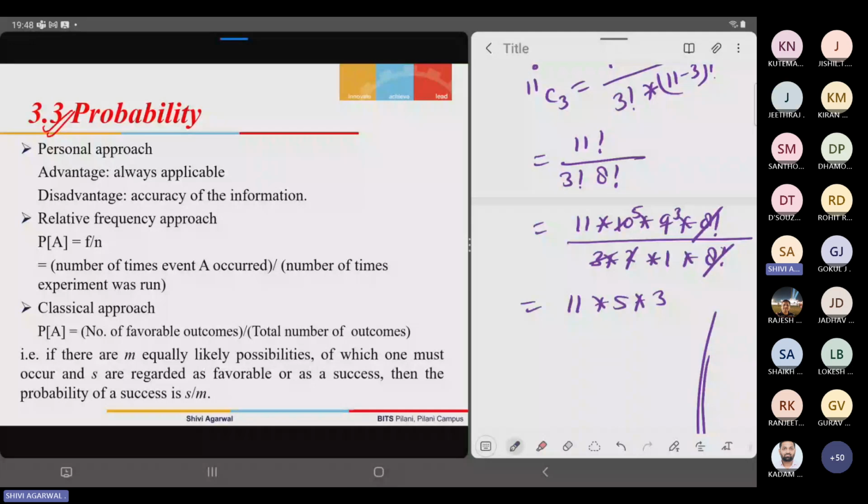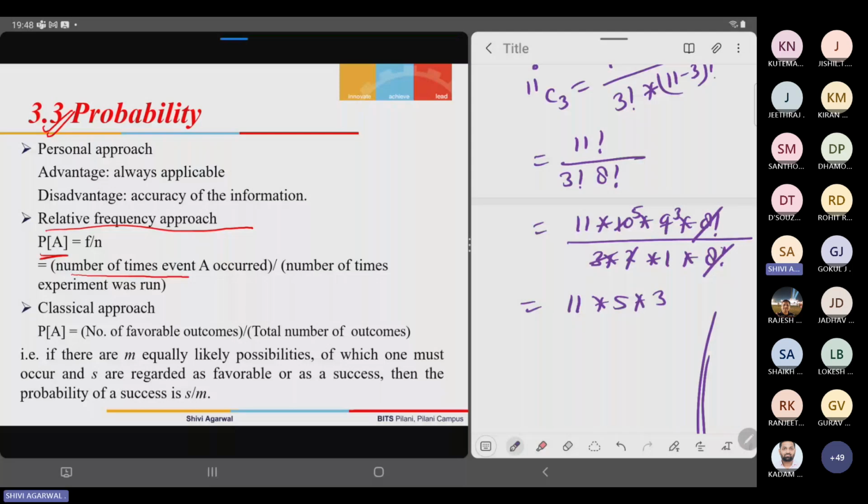Now the second one is the relative frequency approach. Relative frequency approach means the probability of any event A can be written as the number of times the event A occurred divided by the number of times the experiment was run. So we are doing the experiment. For example, we are tossing a coin 50 times.